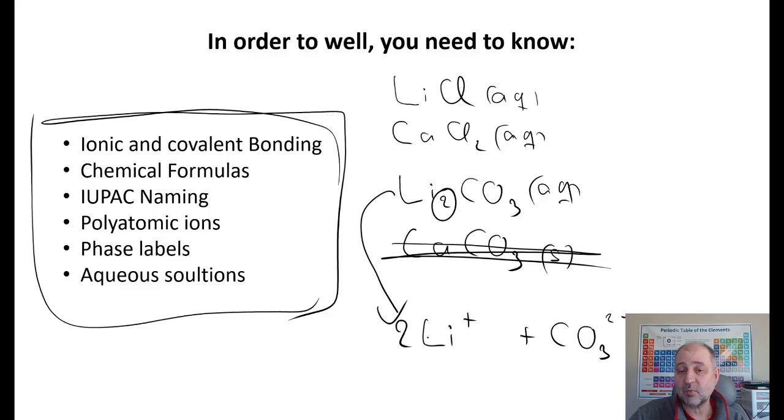And the only reason we have that 2 there, just like the only reason we have that 2 there, is that we have 2 ions per unit. And that comes back to understanding ionic and covalent bonding and chemical formulas, and knowing that the predetermined charge of calcium is +2, the predetermined charge of chloride is -1. So this is perhaps a good review for you.